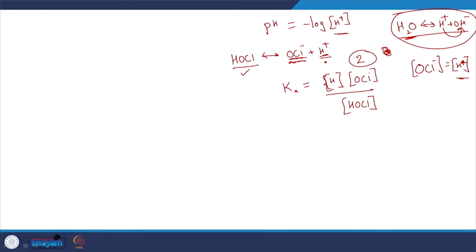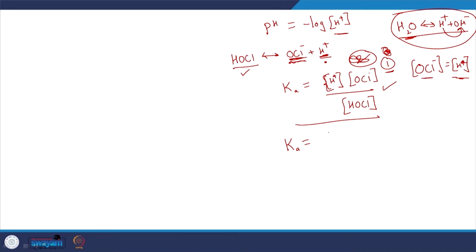So, in effect our 2 unknowns become 1 unknown, and with just this one equation we can solve for this unknown. So, that is something to keep in mind. So, what do we have? We know that Ka is equal to, but we just saw that if it is at equilibrium and if water dissociation is not considered, OCl minus and H plus concentration will be the same.